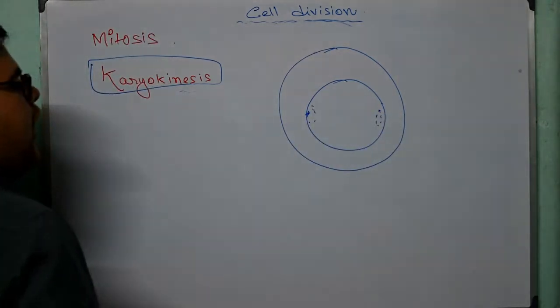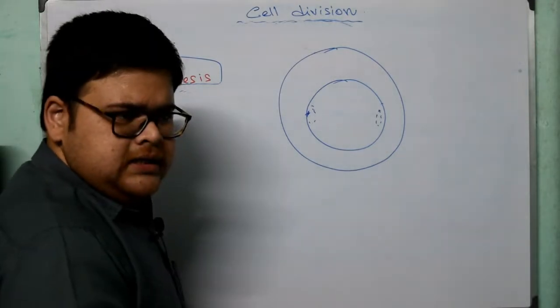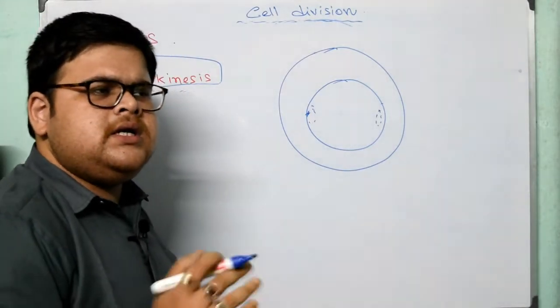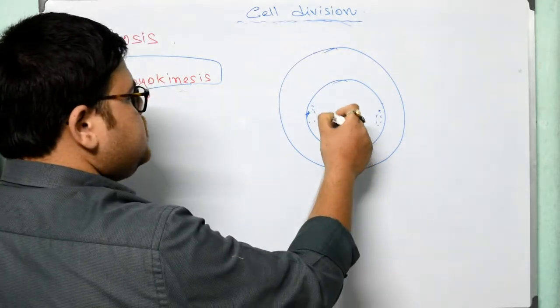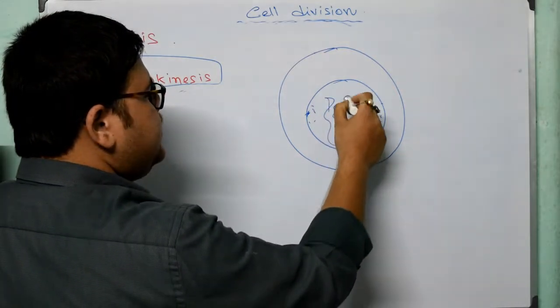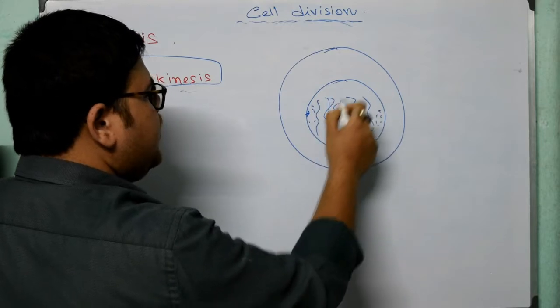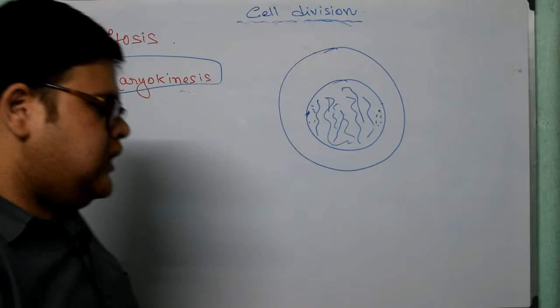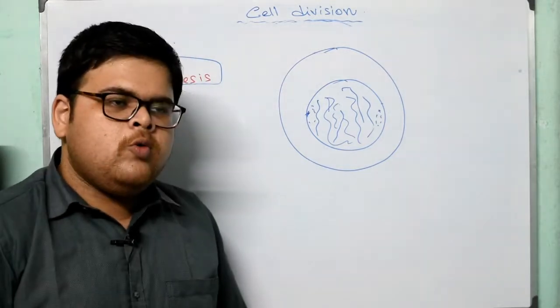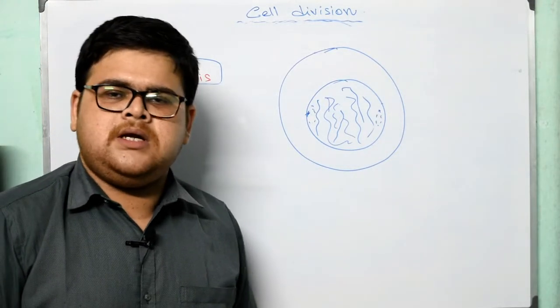See, at the starting stage, when it is in interphase, or in the resting phase, what happens? So the chromatids are like this. Now when cell division is occurring, what do we understand by the term division?